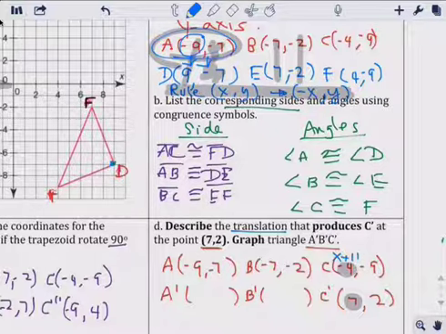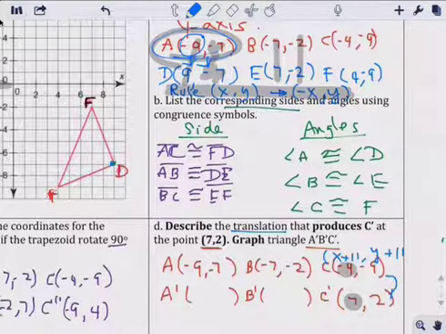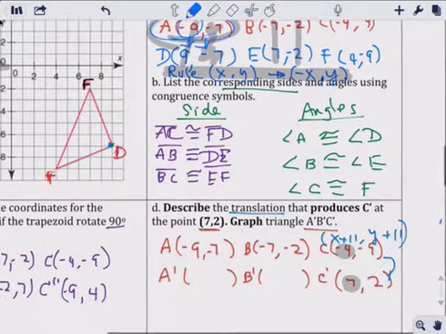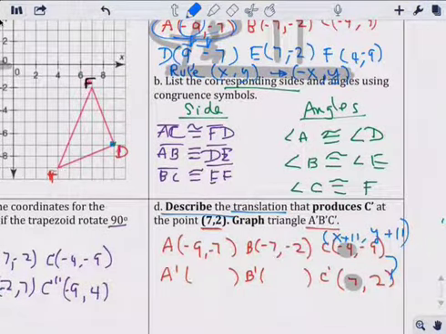Add 11, I get 7. And here, from negative 9 to positive 2, so I'm going to have Y add what? 11 also? Negative 9 plus 11 is 2. Yep. So basically, describe the translation.